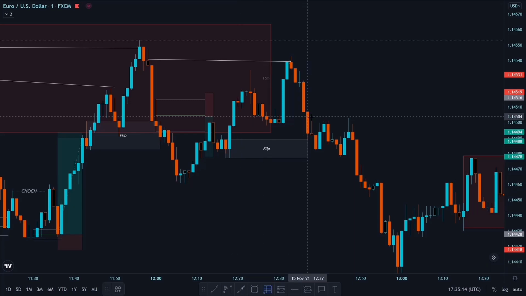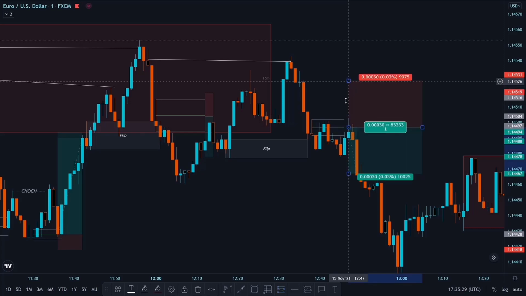That's why I marked this candle and placed my sell here at 50% of it with a 1.5 pip stop.